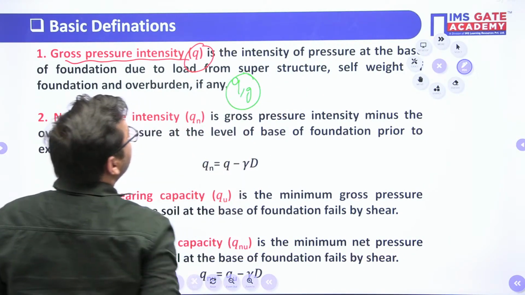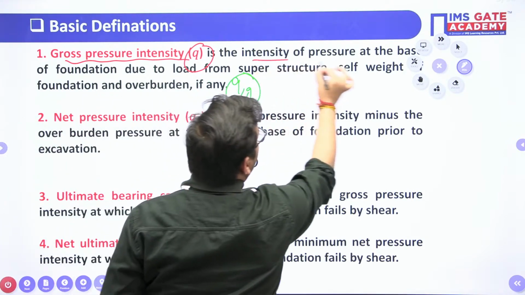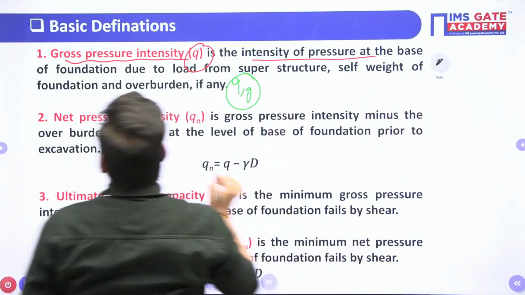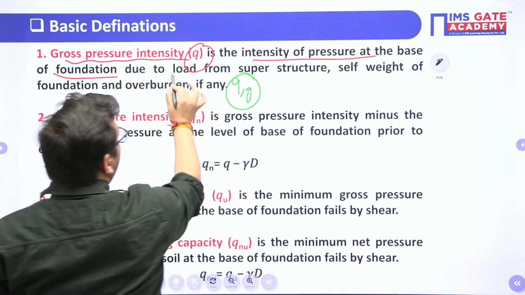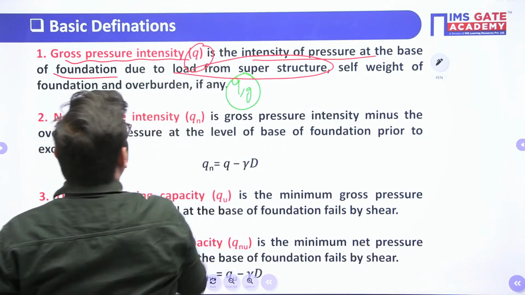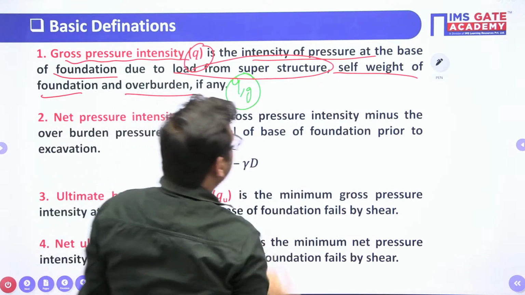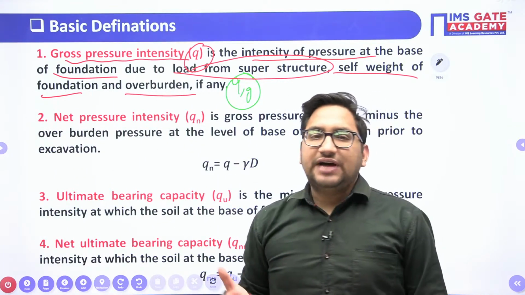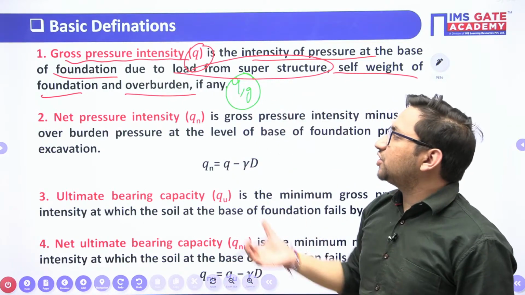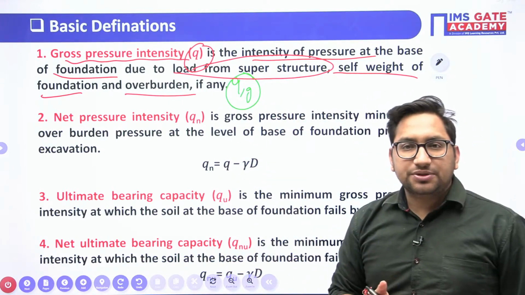So what is this Qg? Qg is the intensity of pressure at the base of foundation due to the load from the superstructure, self weight of the foundation and overburden. Clear? So due to these factors, there will be stress at the base of foundation. We are calling it gross bearing capacity.